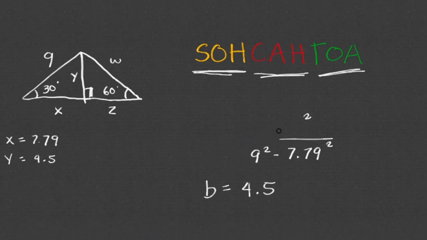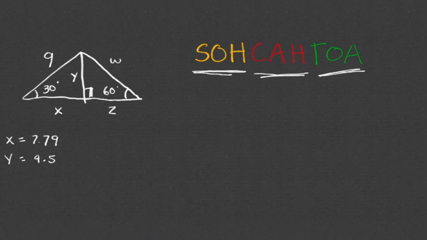Let's try the other method. This method is only applicable when there's one side and an angle given. We can use either the SOH or the TOA, since we have the values for the adjacent and the hypotenuse. In this case, let's use the TOA.